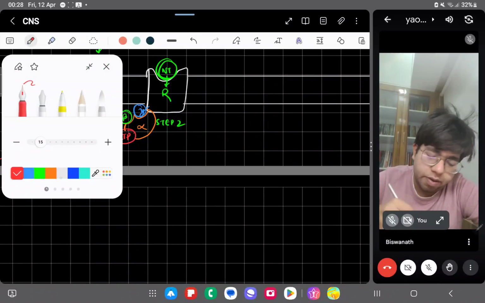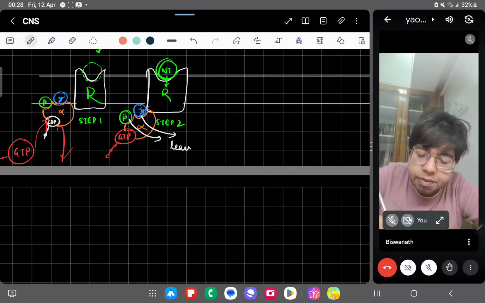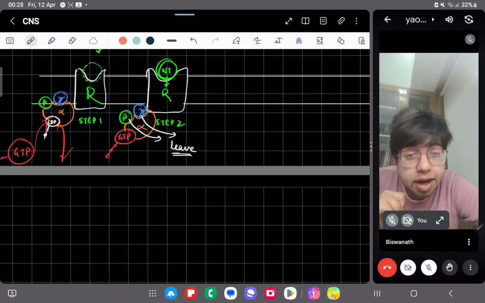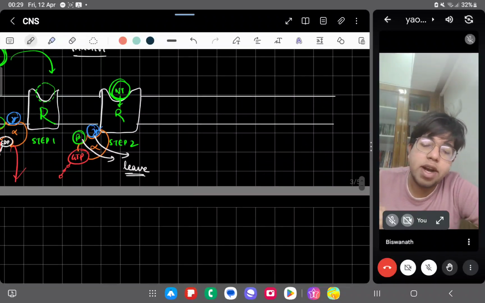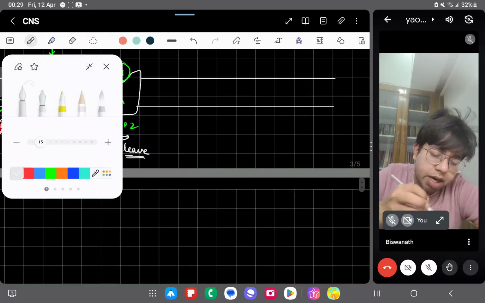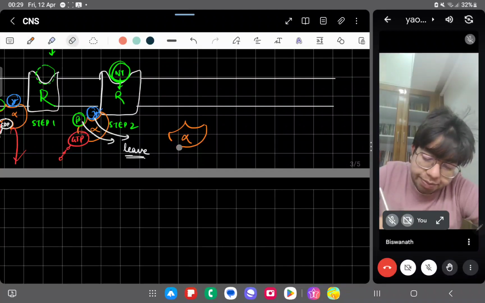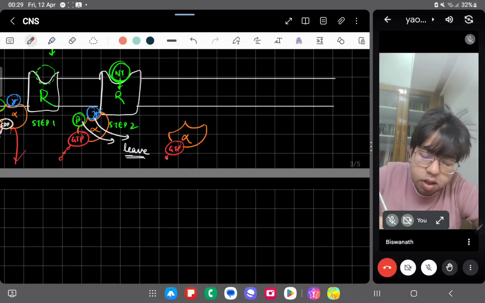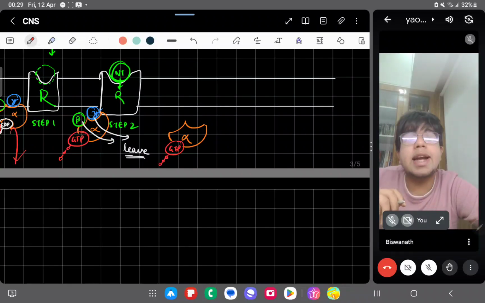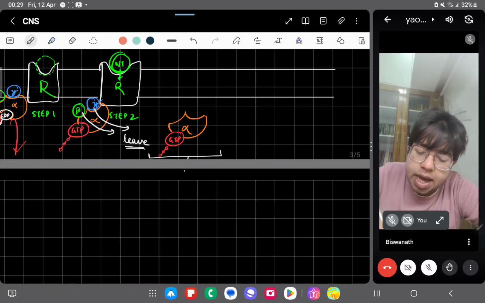So in step 3, this beta and gamma leave, and the beta and gamma components are separated. What remains is the alpha component with the GTP with 3 phosphates. This is your active G protein complex.